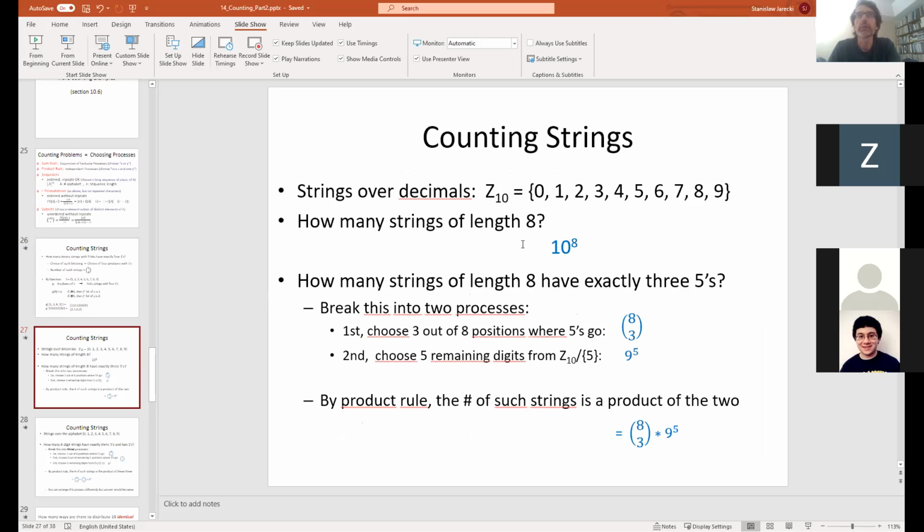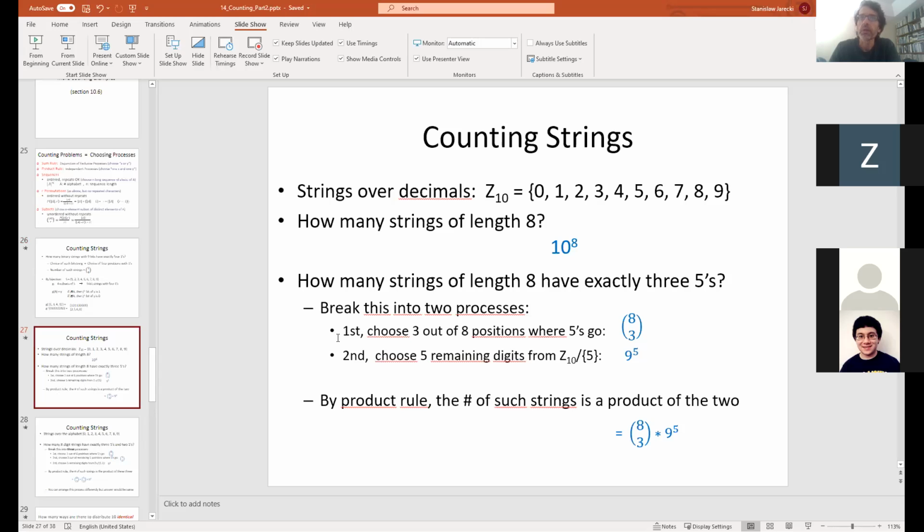Okay, another example. Say you have a decimal alphabet now, and I'm asking how many strings over decimal have length 8. Well, that's 10 to the 8. Now, how many of these have exactly 3 5s? Maybe I can break it into 2 processes like this.